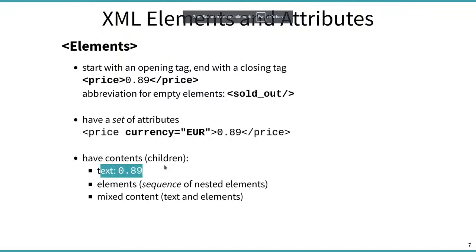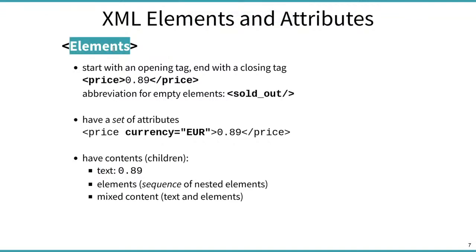Okay, text is something like this. Elements are again sub-elements, and mixed content means an element has text and elements, and you can mix this as you want. You can say text and then an element, and then again text and then an element, and so on.